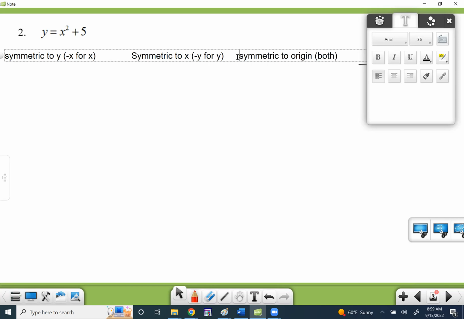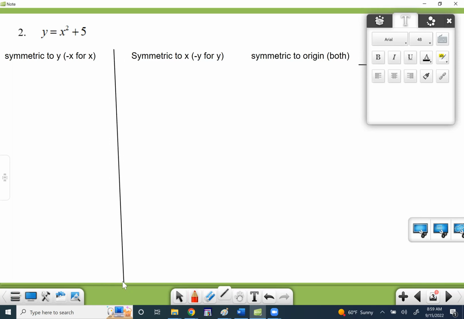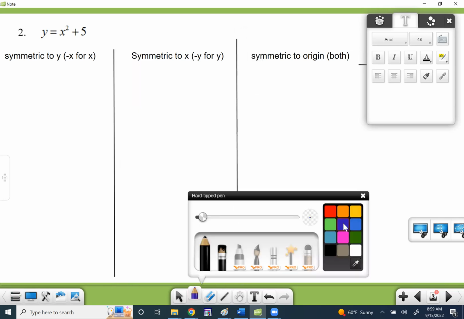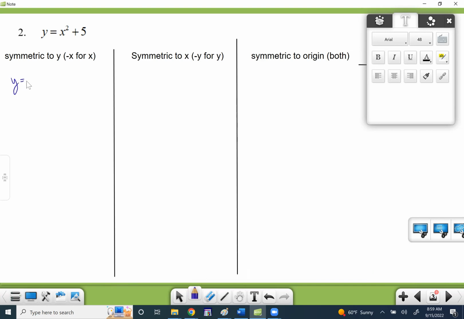Try not to run into my picture over here, but get as far to the right as I can. Some dividing lines. Here we go. Okay, so we're going to substitute in a negative x for all x's. So that's going to get us negative x times negative x.